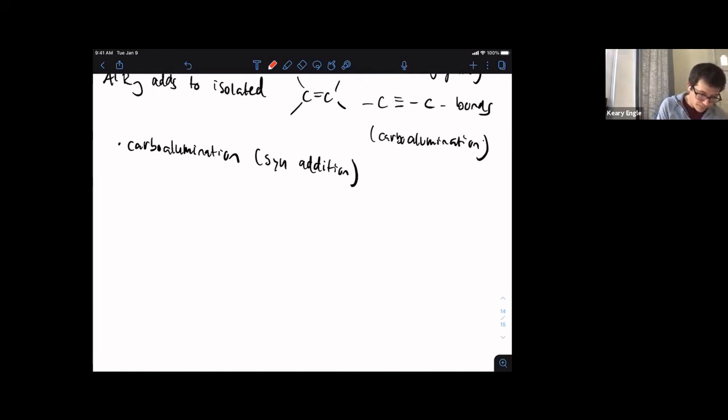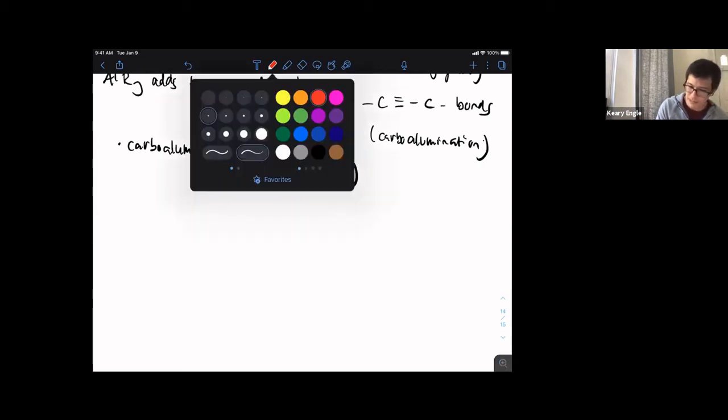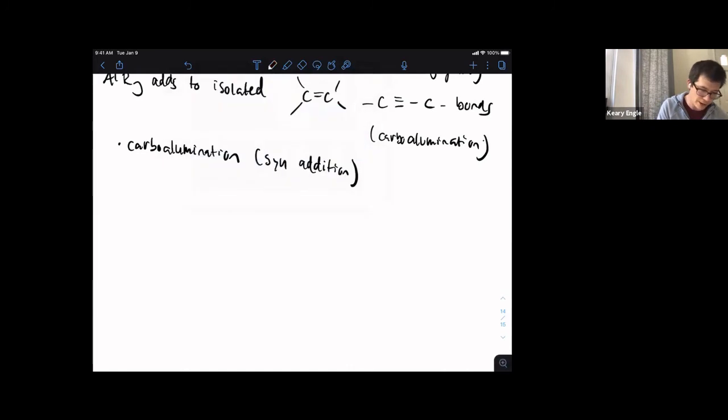And so let's just draw out a mechanistic depiction of what's going on here, and then also the consequences of the mechanism and how we can understand that through the rate law. So let's consider triethyl aluminum.